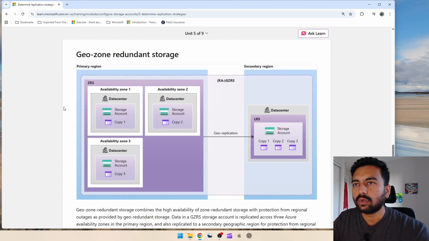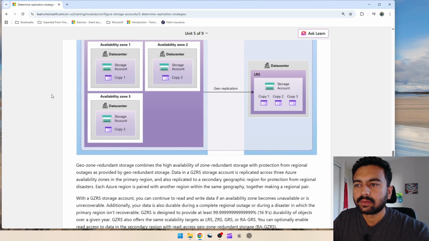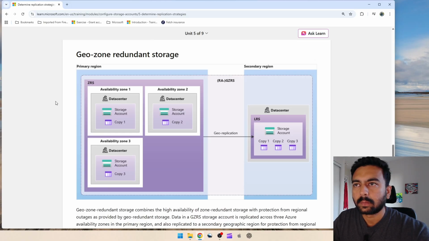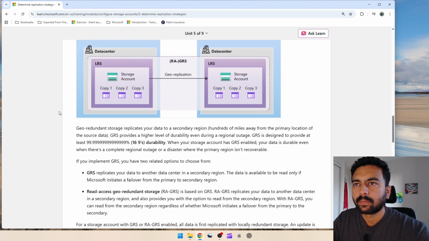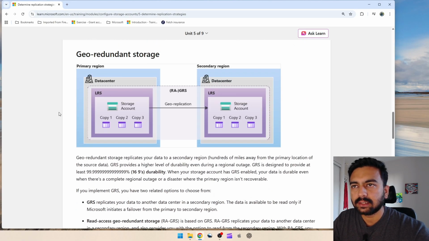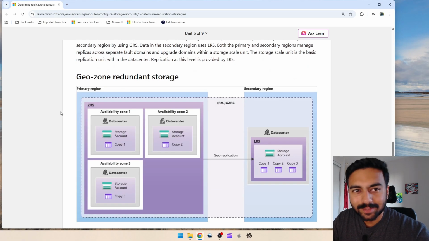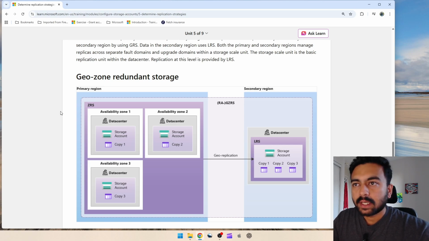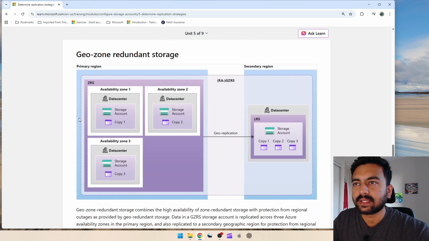Let's see what this is all about. So two regions, primary and secondary. Sorry, I'm still trying to wrap my head around the GZRS. I know I said before that I went through this in the past. Sometimes I have to refresh myself too.